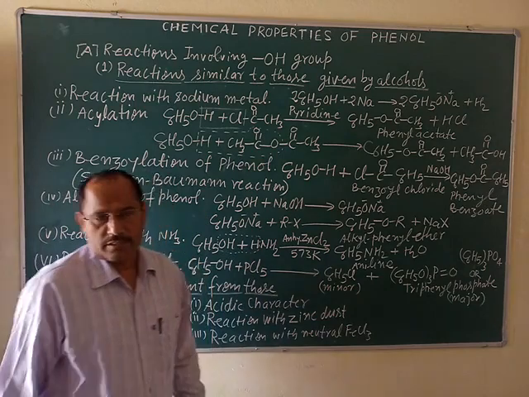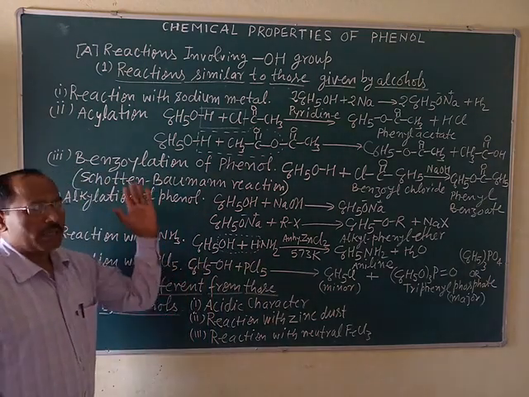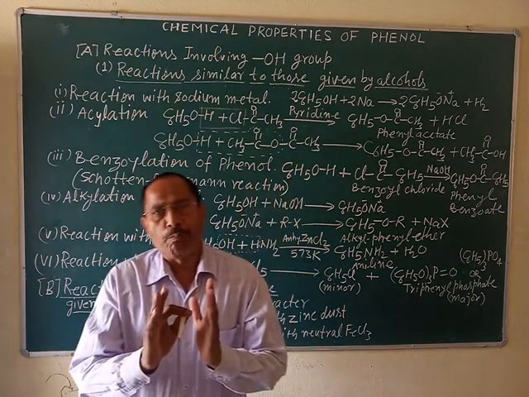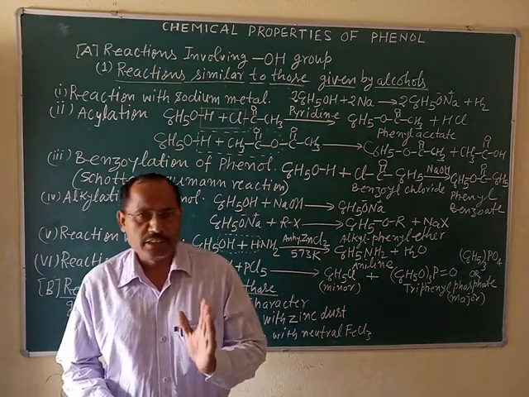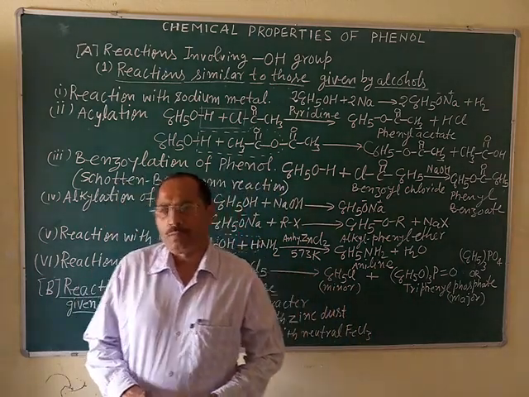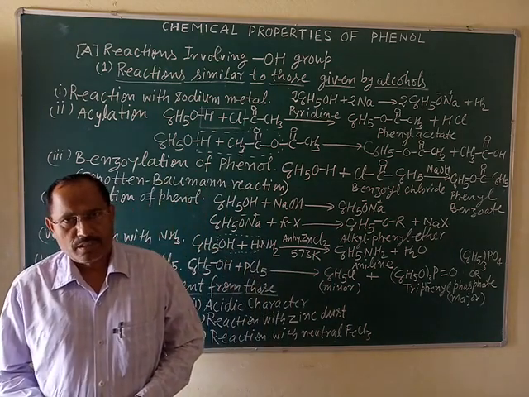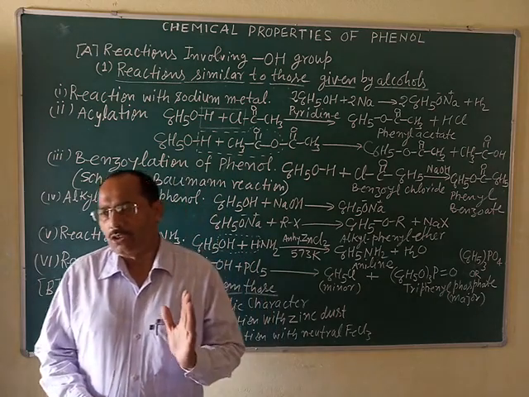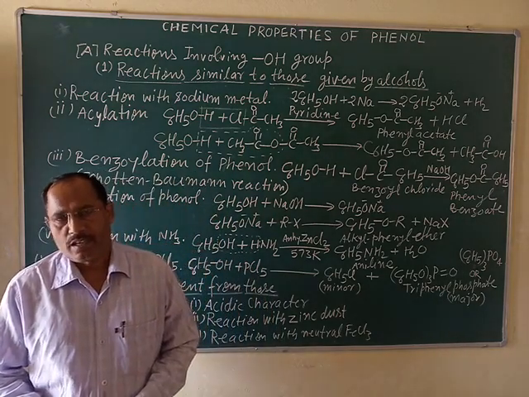from alcohols. That's why its chemical reactions can be divided into two main categories. One is reactions involving the OH group, and the other is reactions involving the benzene ring or aromatic ring.